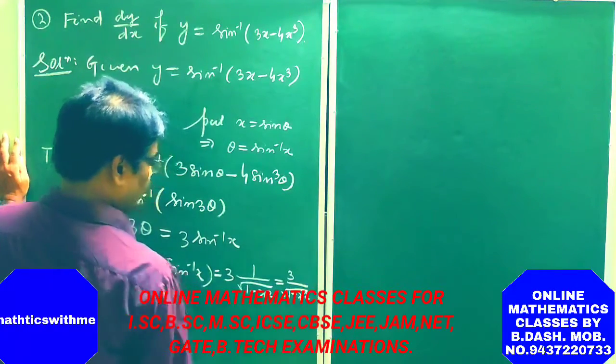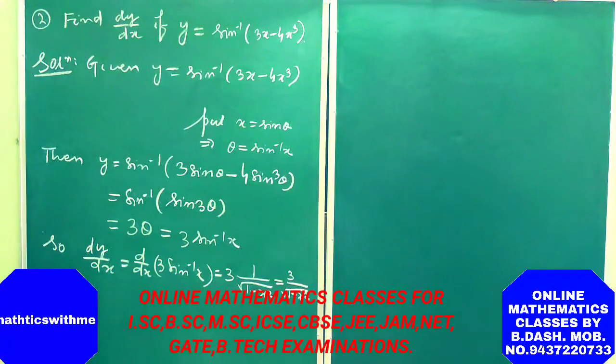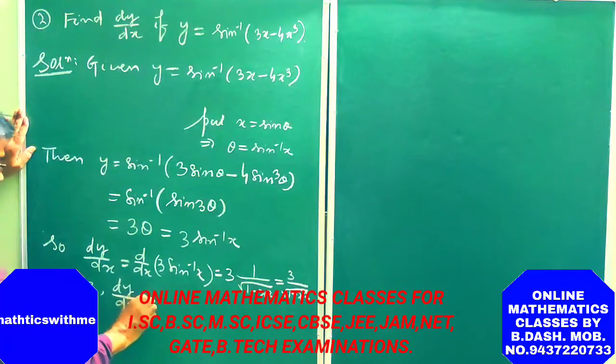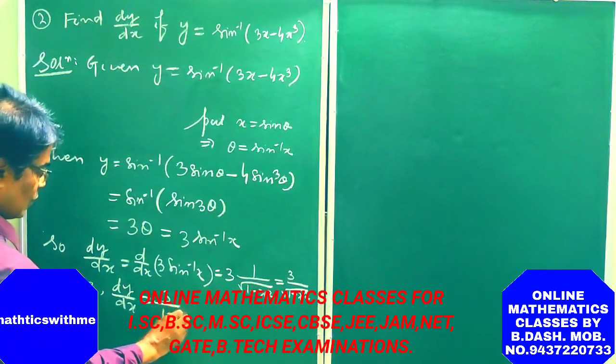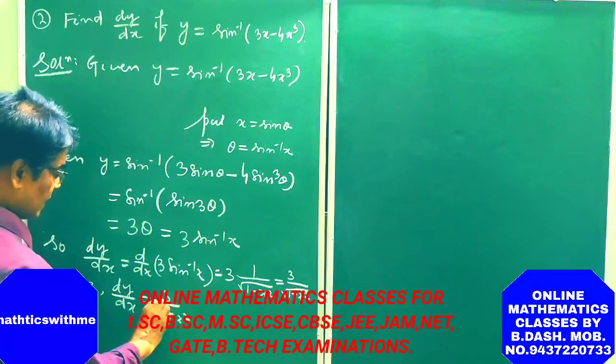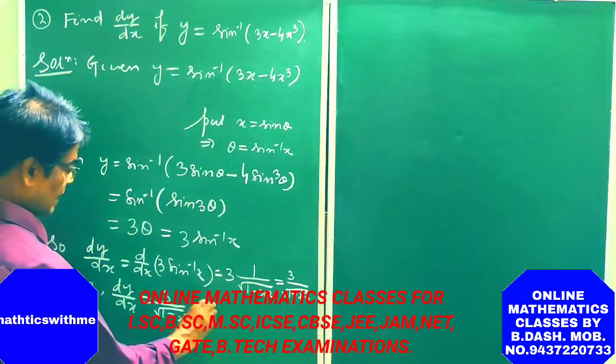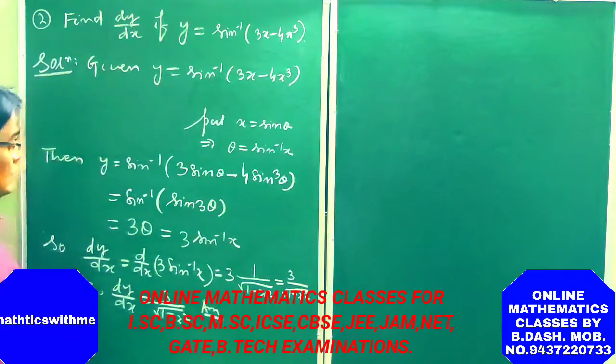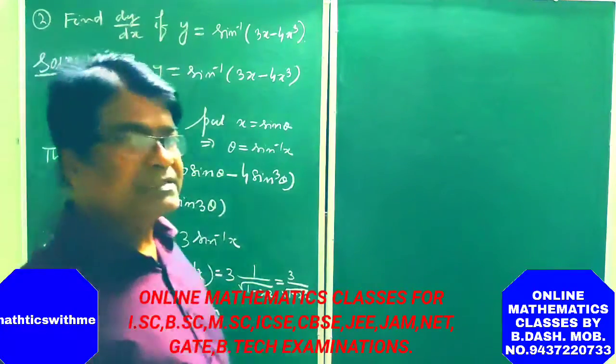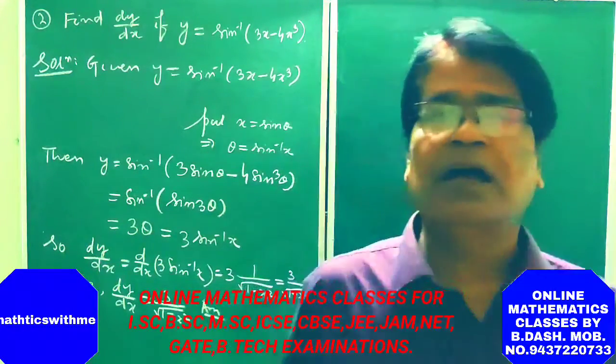So we get dy by dx is equal to 3 by root over 1 minus x square. Answer. So our second problem is now solved.